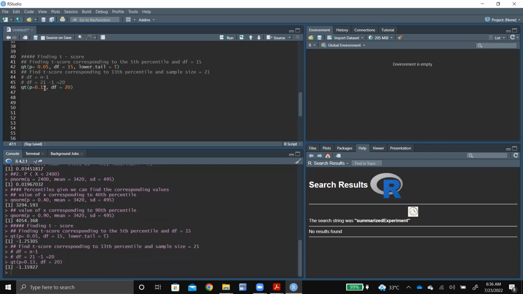Now, if we want to find the t-score for 98% confidence level and degrees of freedom equal to 40, how can we do this?